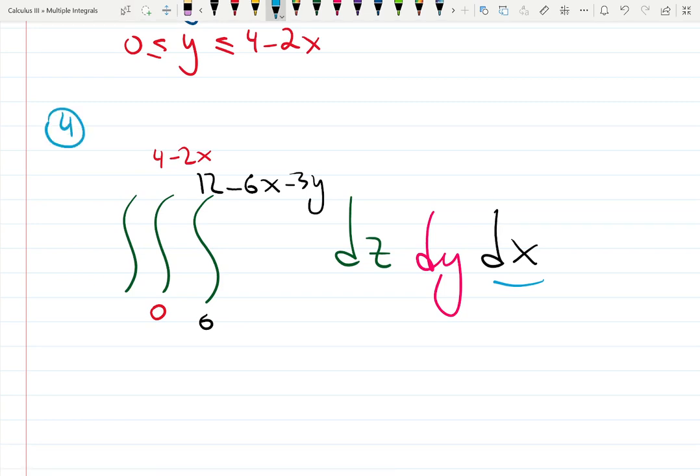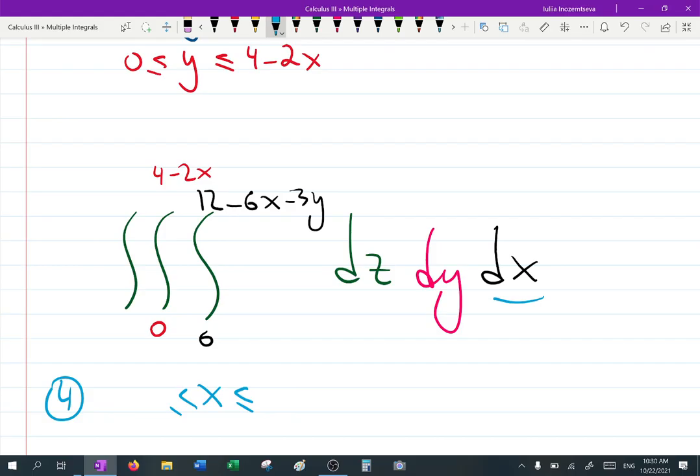So is it always going to be dz, dy, dx? No, it's not. It will be different. We will teach you how to switch, and that is why. I will just show you this. This is your homework, the last problem of your homework.